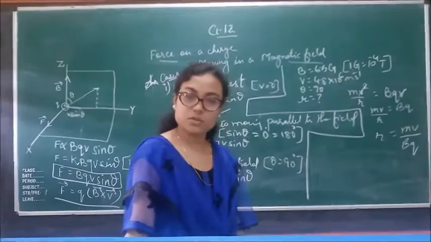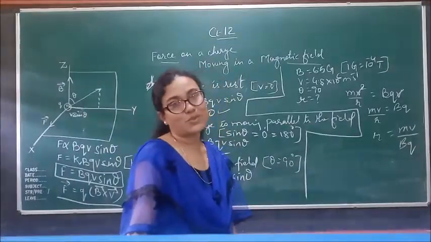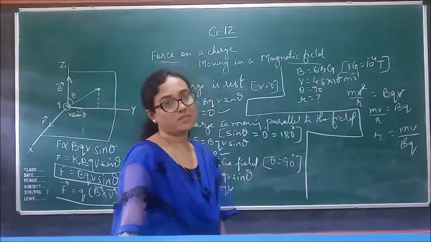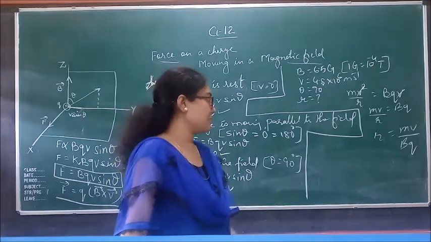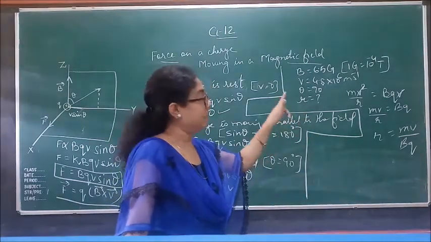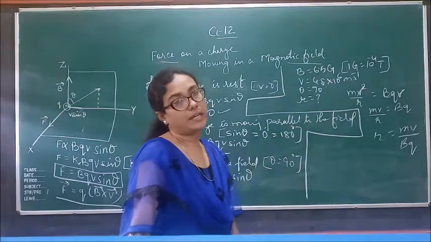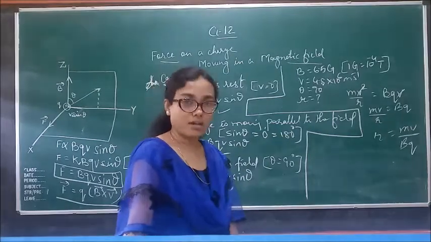Okay. Now the value of q: you know the charge on an electron, that will be 1.6 into 10 to the power minus 19. Please put the values of m, B, q, and at last you will get the value of r.